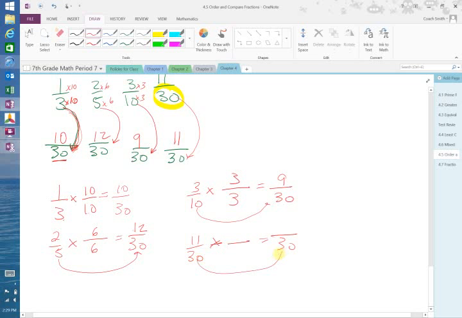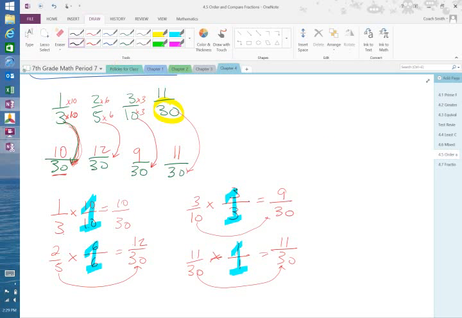What I multiplied 30 by, I multiplied by 1. So I have to do the same thing at the top, which makes that 11. All of these now have been multiplied by a fraction that is equal to 1, and that gets us the same denominator on each fraction.